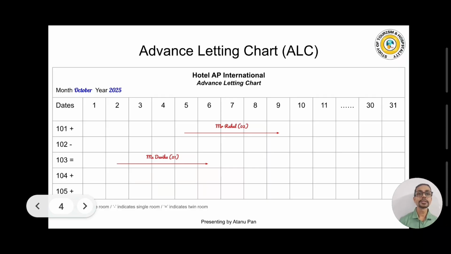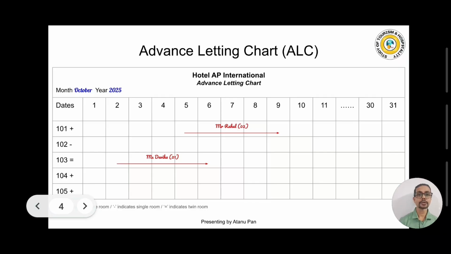So what are those? Here plus indicates a double room, minus indicates a single room, and equals to indicates a twin room. Twin room, as all of us know, means a room which has two single beds. So here we will not say it's a plus or minus or equals to, it's actually two lines.